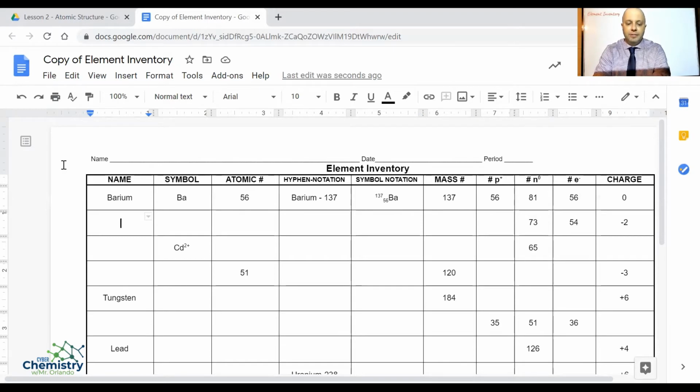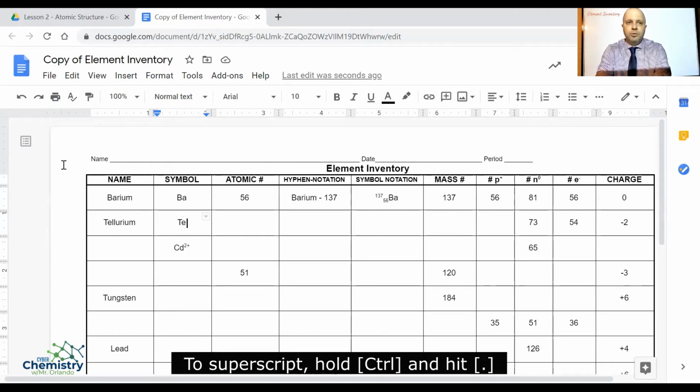So we identified the second example as tellurium. So it has the symbol Te, and the charge on this is going to be 2-. Now, sometimes you'll see it written as -2, but normally when it's attached to a symbol, you write the number first and then the positive or negative second.